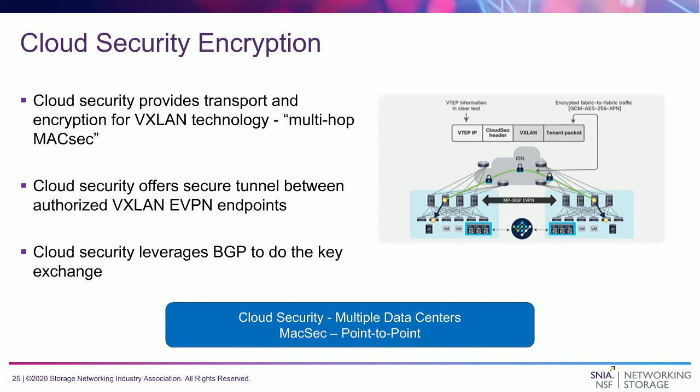Now, I've given you a very quick set on how we're going to do it within the four walls of your data center. You can provide that integrity or encryption security hop by hop with MACsec. Now, if I do multi-data center or multi-cloud, I can do what we call CloudSec.